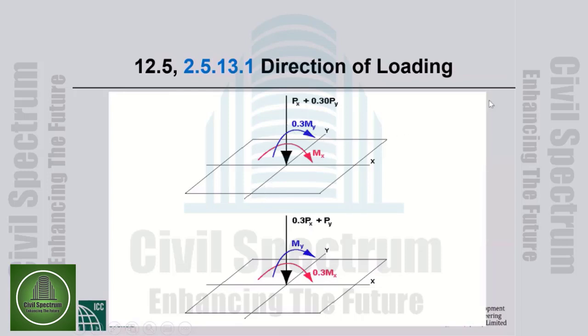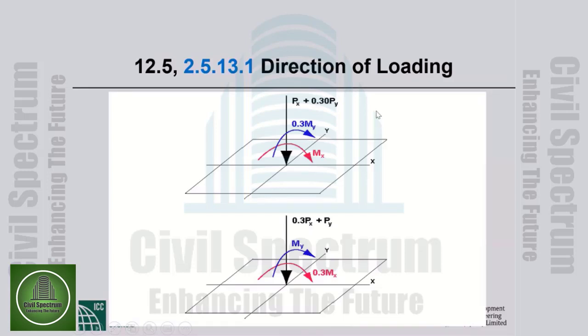So we are now talking about biaxial bending. We have to design for 100% of M sub X plus 30% of M sub Y, or 100% of M sub Y plus 30% of M sub X. This combination will go with that axial load, and this combination, 100% of X moment and 30% of Y moment, will go with that axial load.